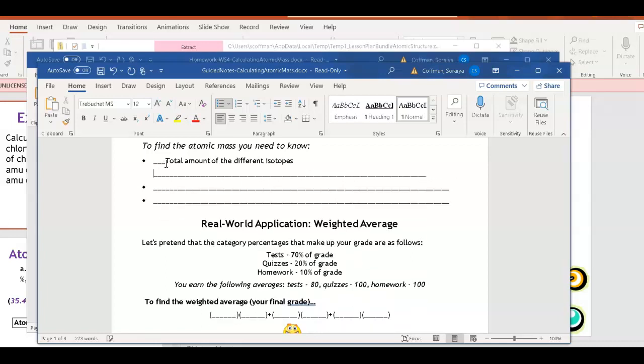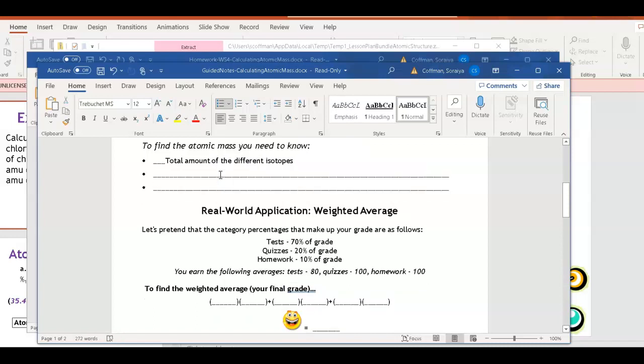When we go through that, I'm going to have you make a chart. That's the easiest way to do this: you just make a chart of how many types of isotopes we're talking about.